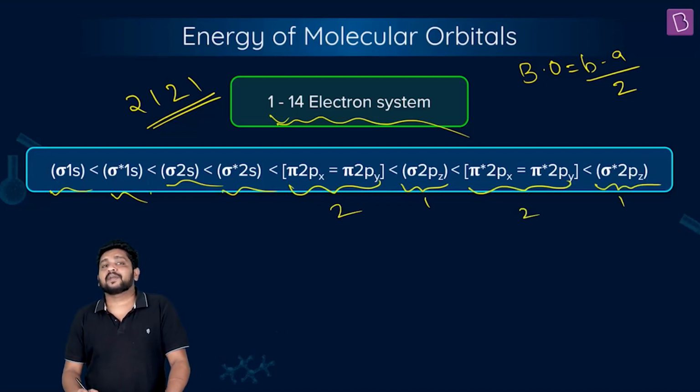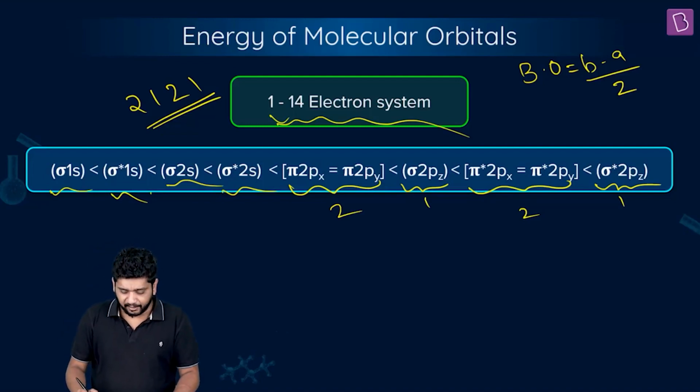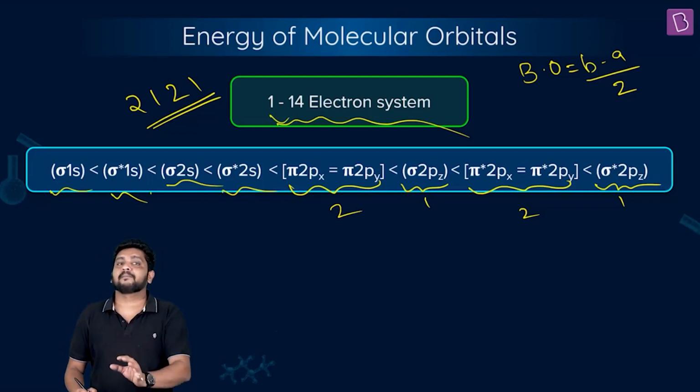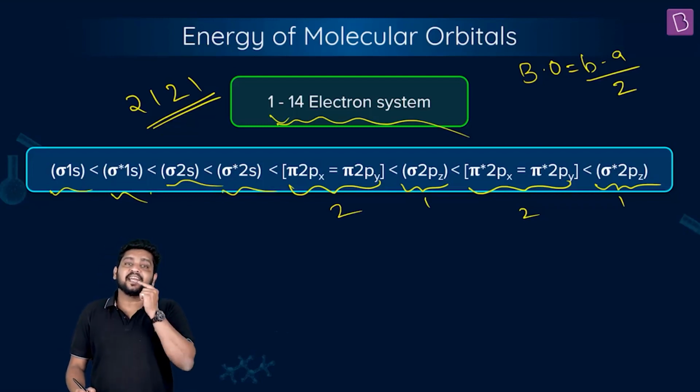So pi 2px, pi 2py, sigma 2pz, and then the star orbitals. Sigma is normally supposed to have lower energy than pi, but here it so happens that there is a concept called sp mixing, because of which pi 2px, pi 2py have a lower energy compared to sigma 2pz. After that sigma 2pz, then you have your pi star 2px, pi star 2py, and last is sigma star 2pz.